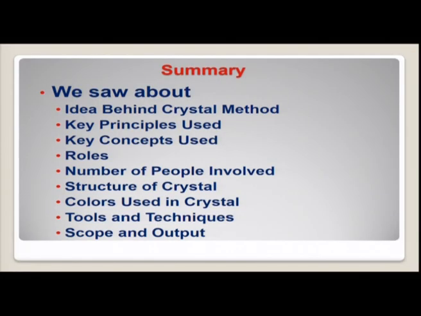And then we saw the number of people involved in each and every project. We saw Crystal Clear, Crystal Orange, Crystal Red, Crystal Maroon, and we also saw Crystal Sapphire and Crystal Diamond. Then we saw the diagrammatic view of the structure of the Crystal methodology, and the colors used in it.